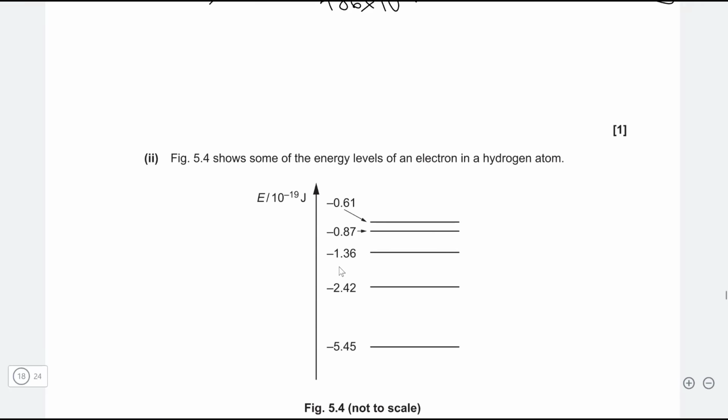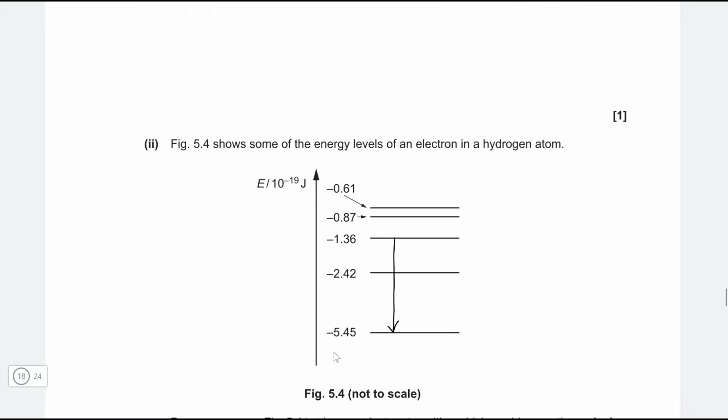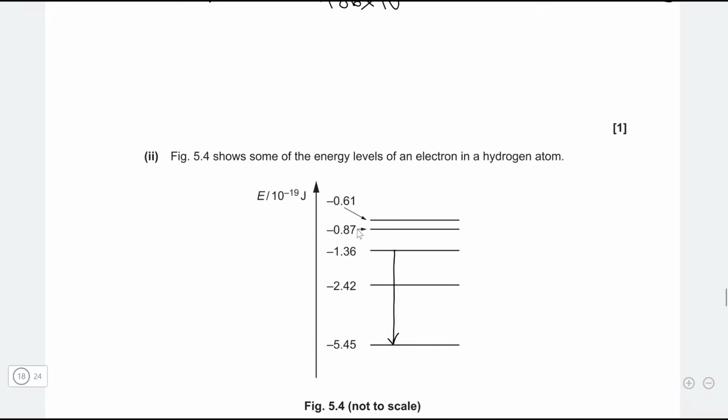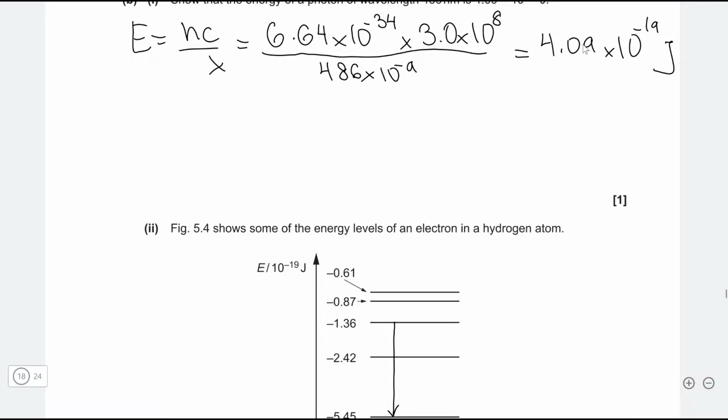So the only way to get a difference of 4.09 would be to take away this value and this value. So if we go from here to there, then we're going to get 4.09, and this is simply because the difference between minus 5.45 and minus 1.36 is equal to this number.